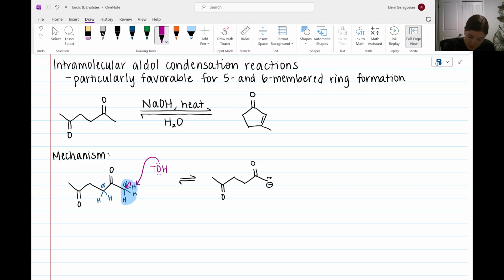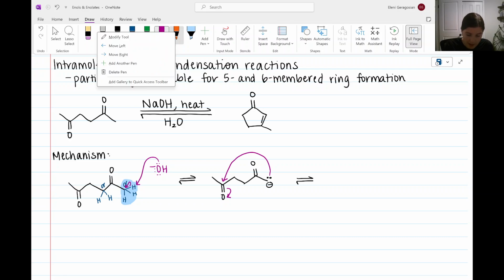The negatively charged carbon is nucleophilic. This carbon over here is electrophilic. So those 2 carbons will form a bond and we'll break that pi bond. In the next structure, we'll have a ring because we're now connecting 2 atoms that were not previously connected directly to each other.